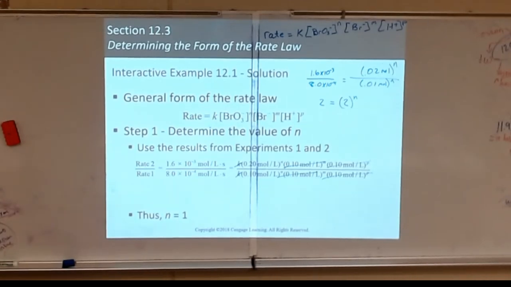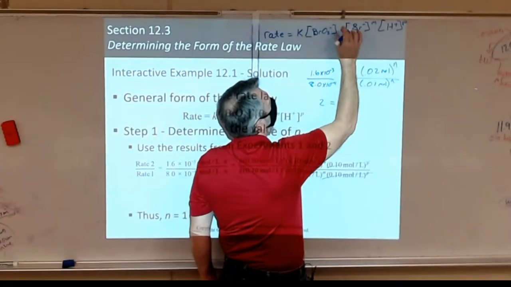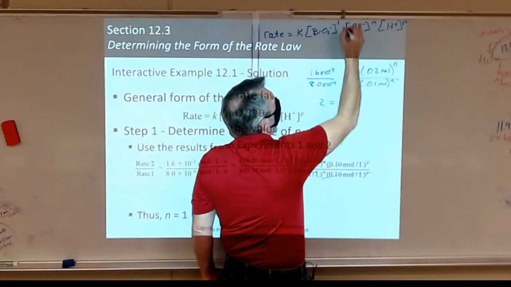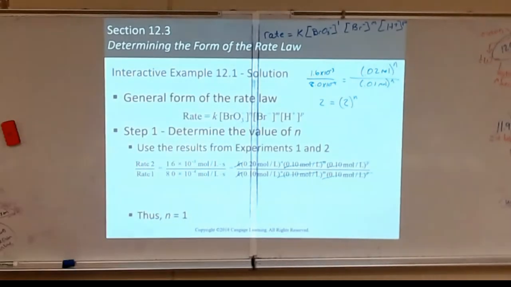What would n be in order to make this true? n is going to be 1. So instead of n up here, I'm going to put a 1. Based on that, can you guys go ahead and solve for the m and the p, the exponent for the bromide and the exponent for the hydrogen ions?